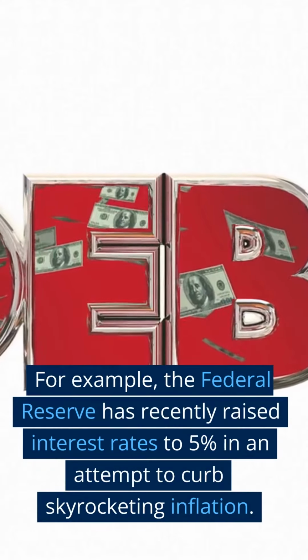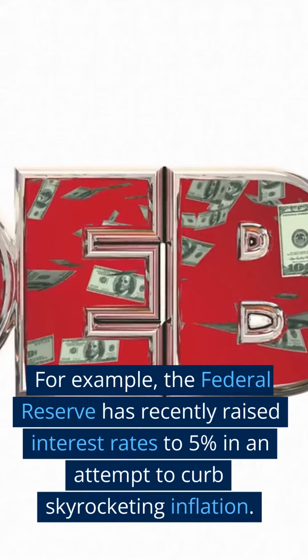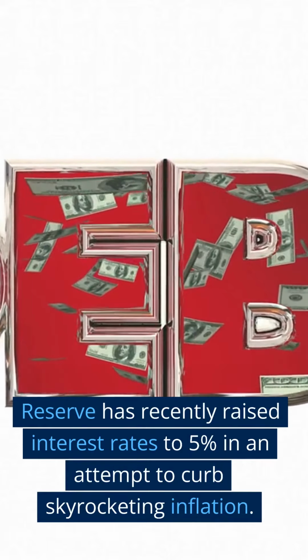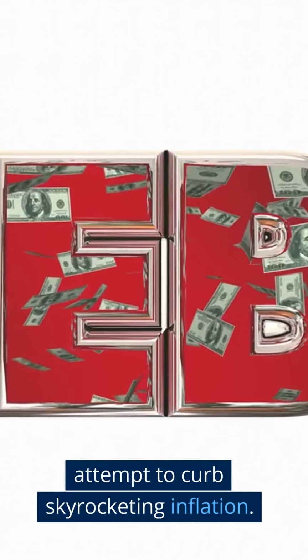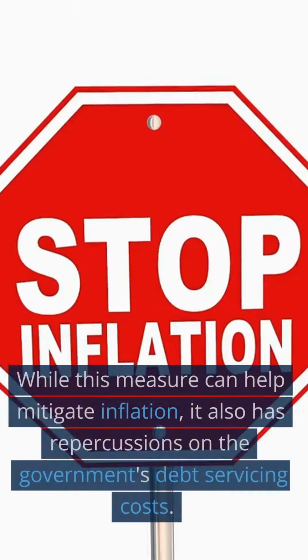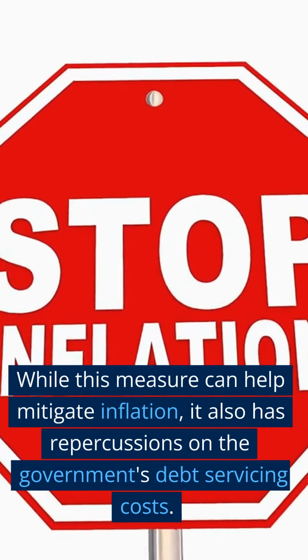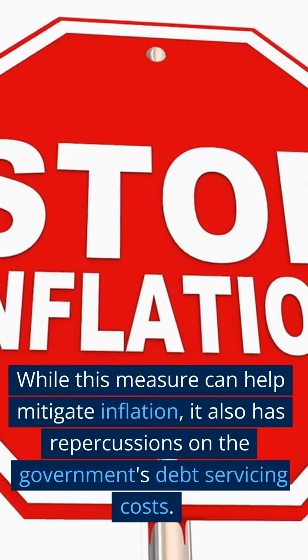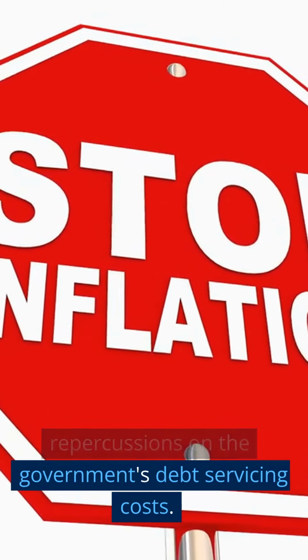For example, the Federal Reserve has recently raised interest rates to 5% in an attempt to curb skyrocketing inflation. While this measure can help mitigate inflation, it also has repercussions on the government's debt servicing costs.